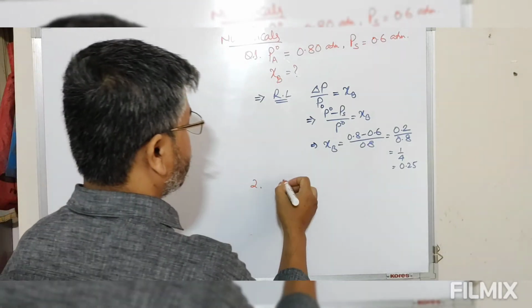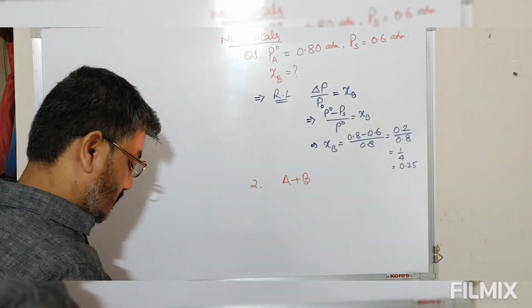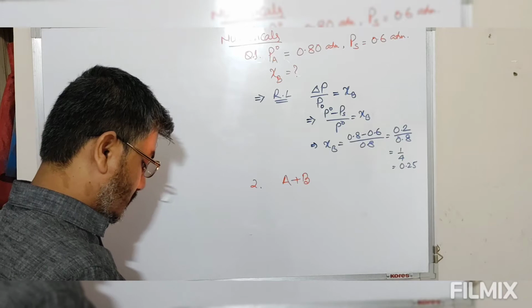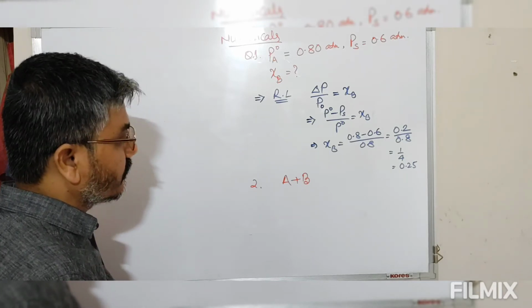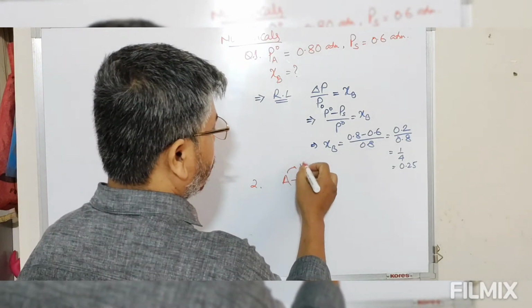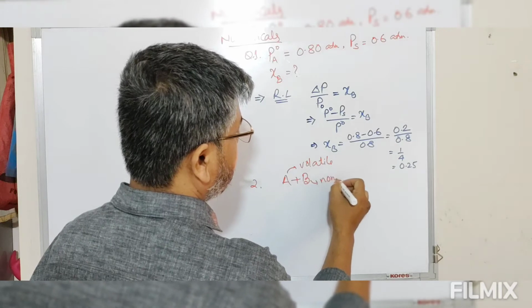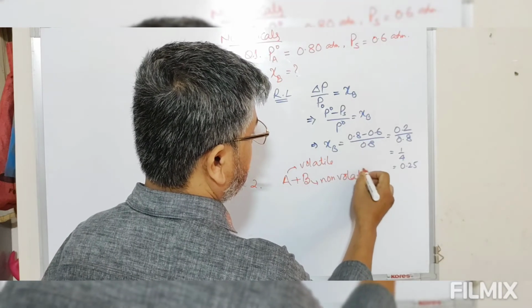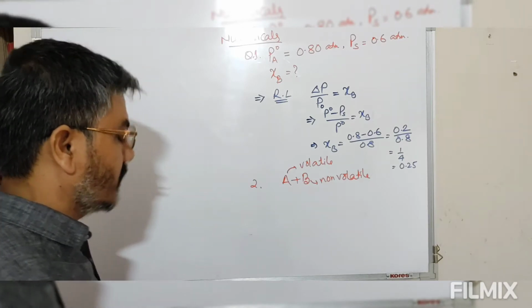Now we have a solution of A plus B. A is volatile, B is non-volatile, which means a non-volatile solid is added to a volatile component.